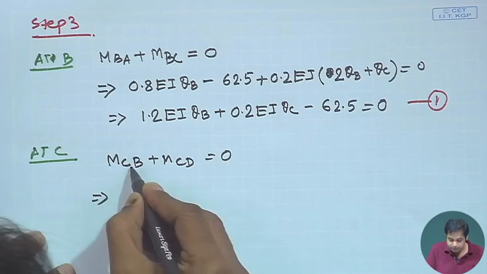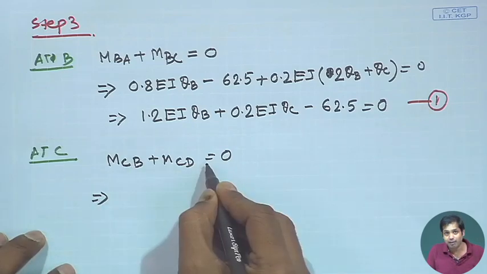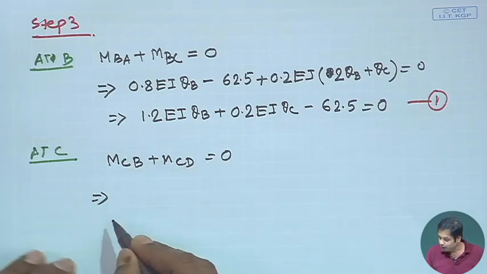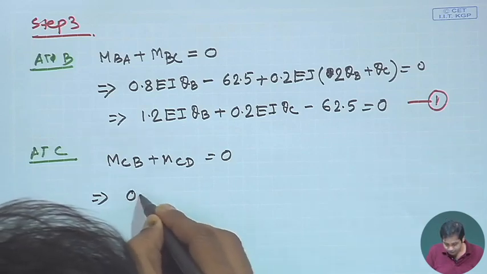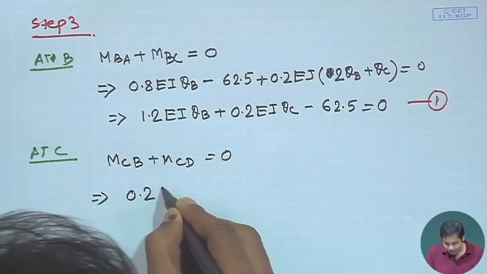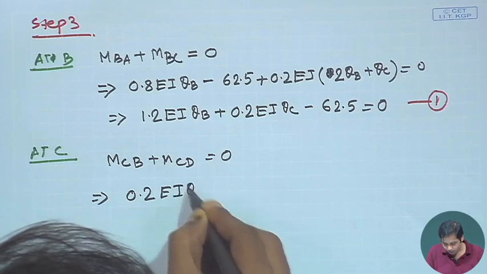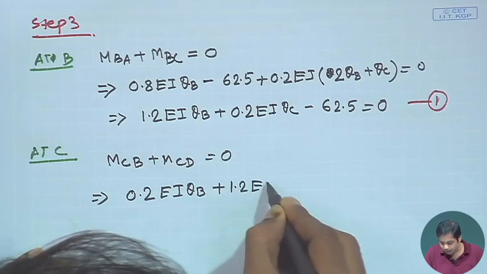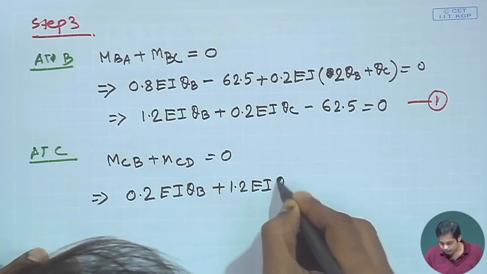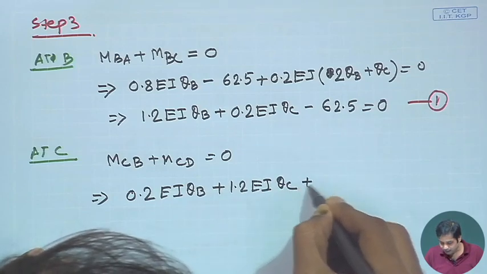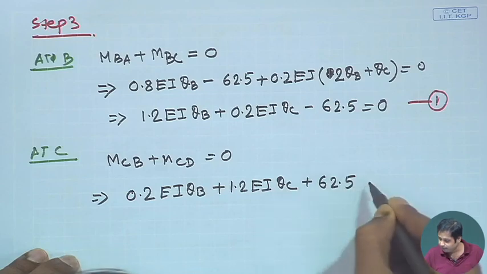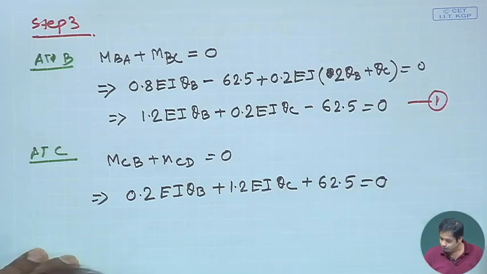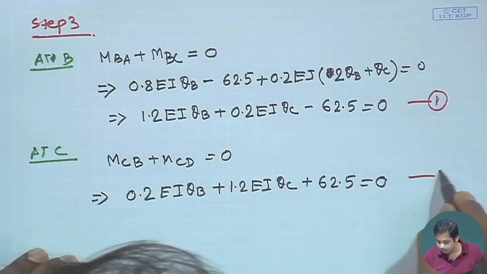Similarly, if we substitute the expressions for MCB and MCD, the equation that we have is 0.2 EI theta B plus 1.2 EI theta C plus 62.5, that is equal to 0. So, this is your equation number 2.